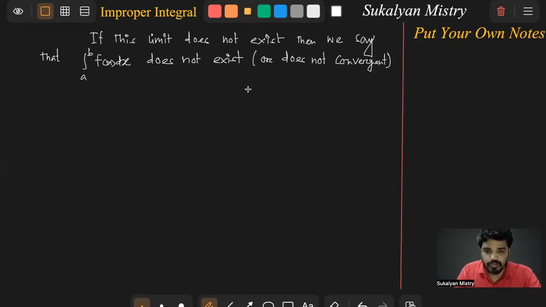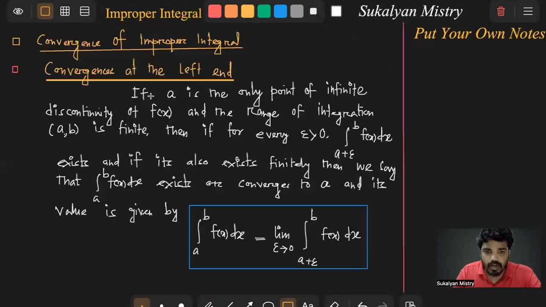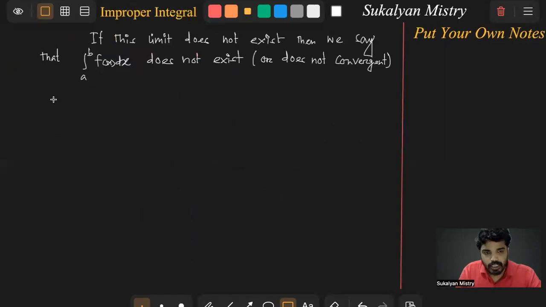Okay, so next, similarly, we discuss convergence at the right end.